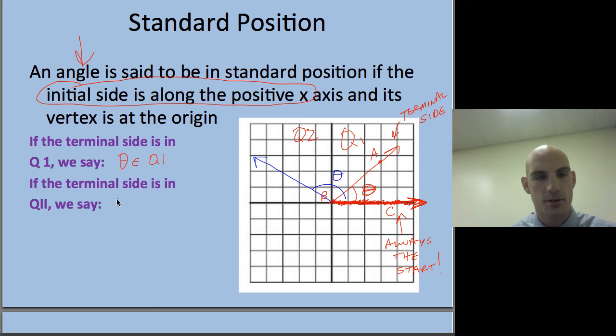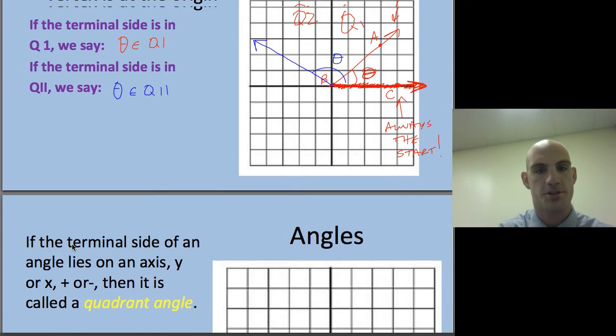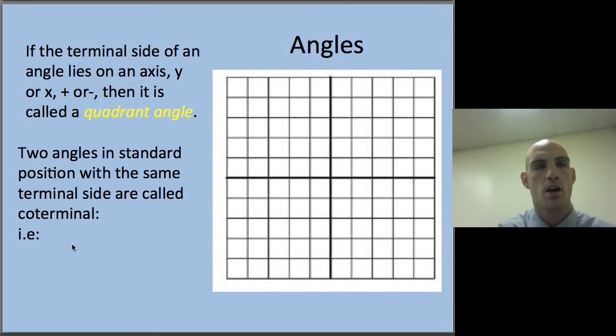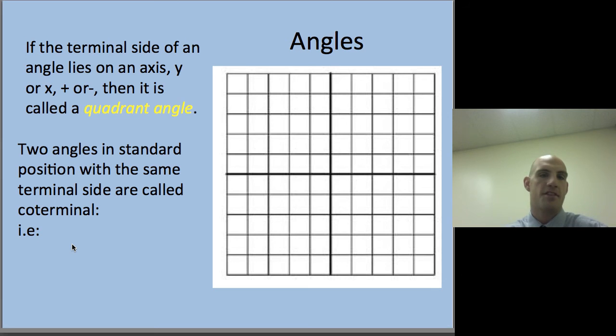But now theta is in blue, so we're going to say theta is in quadrant 2 because that's where the terminal side is. And so it's going to go around counterclockwise and keep opening up for standard position angles. If the terminal side of an angle lies on an axis, y or x, positive or negative, then it's called a quadrant angle.